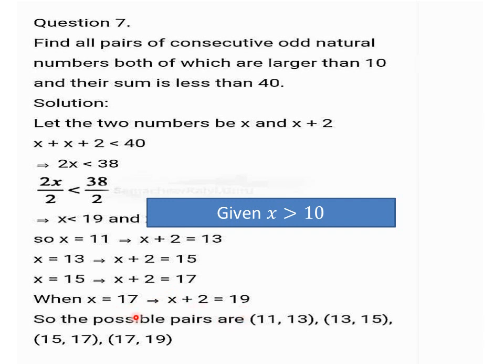We cannot take x as 19. If you take 19, the next odd number will become 21. So 19 and 21 sum to 40, but here it is given it should be less than 40. Okay. So the possible pairs are 11 comma 13, 13 comma 15, 15 comma 17 and 17 comma 19.